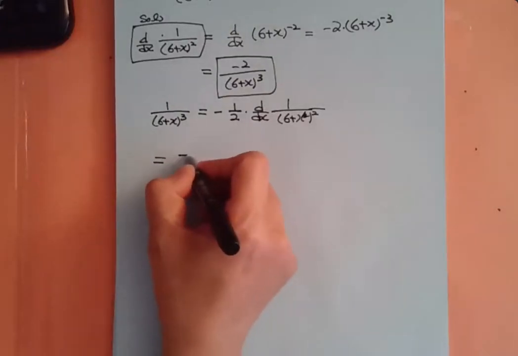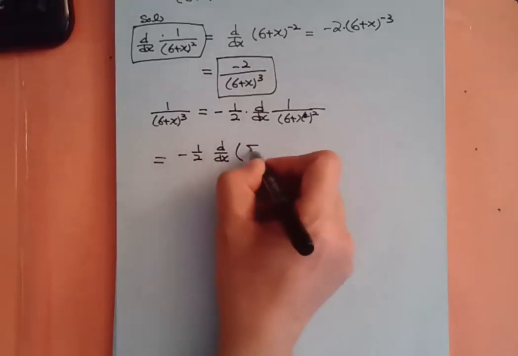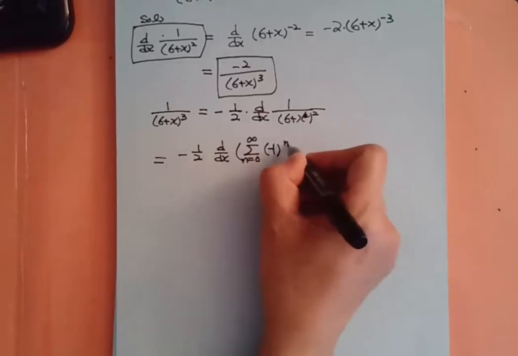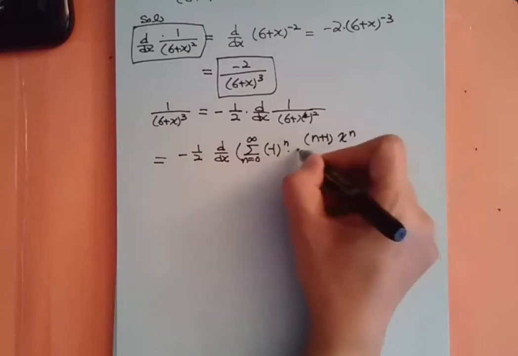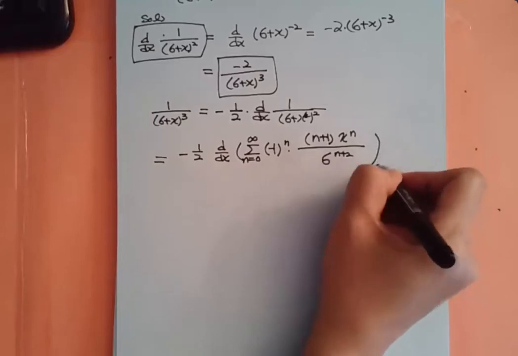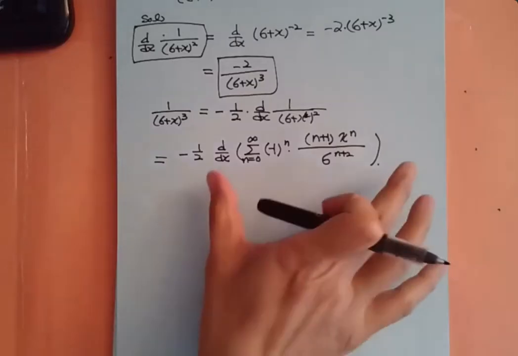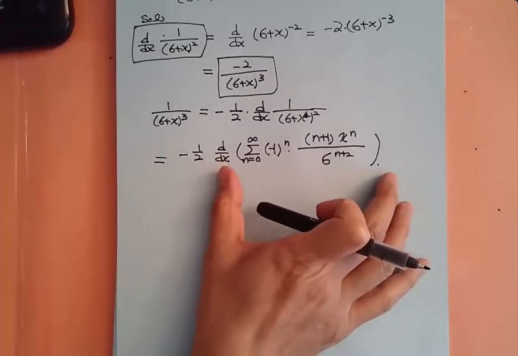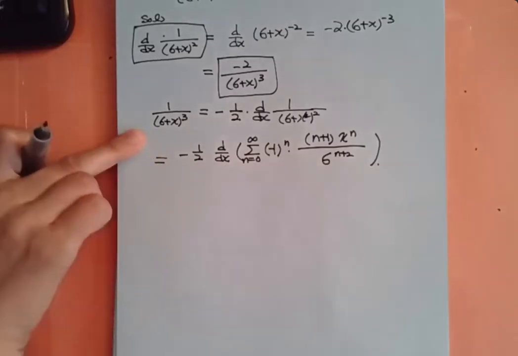And then that becomes -1 over 2 d/dx summation n equals 0 to infinity, -1 to the n power times n plus 1 x to the n power over 6 to the n plus 2 power. So this is the power series expansion which we obtained, but this time we are differentiating one more time.